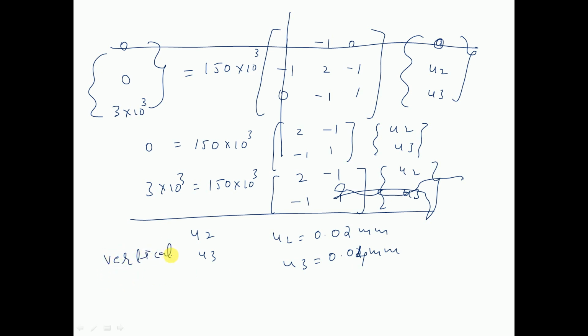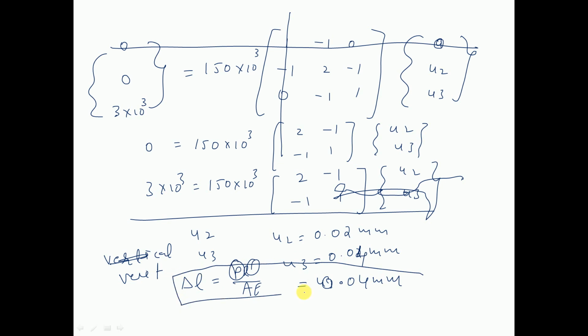What is the elongation formula of the bar element? Delta L is equal to PL by AE. You substitute the load, length and AE, then you will get exactly u3 as 0.04 mm.